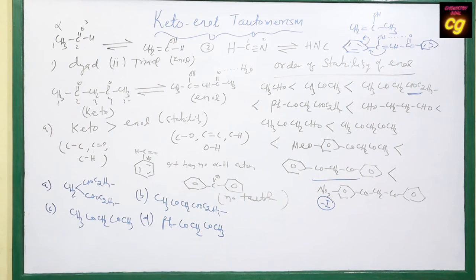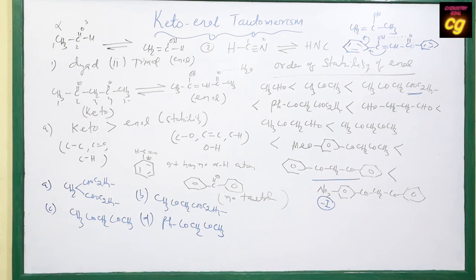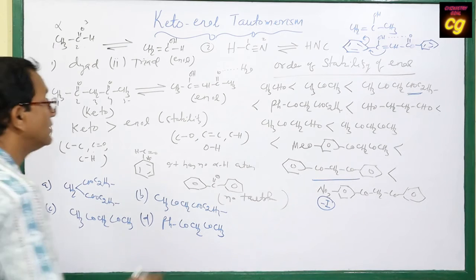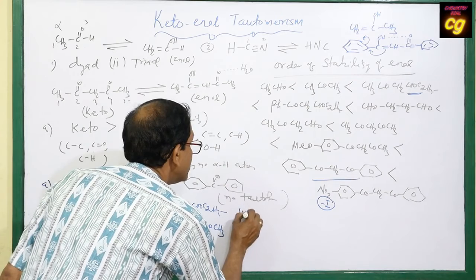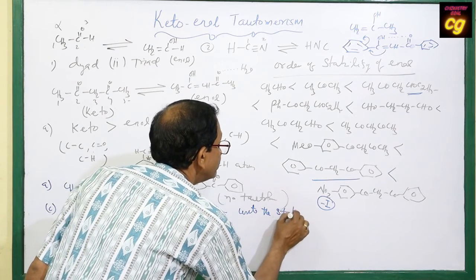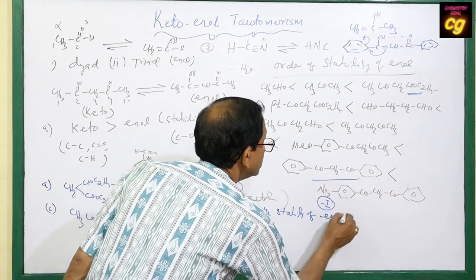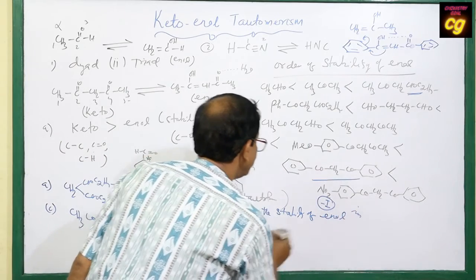We will compare. The question is, you will compare the order of stability of the enol form. Which is more stable, in increasing order of stability?